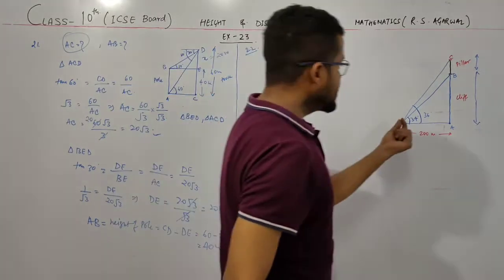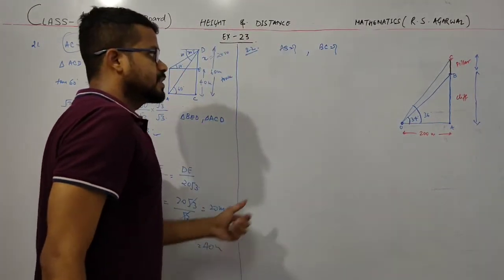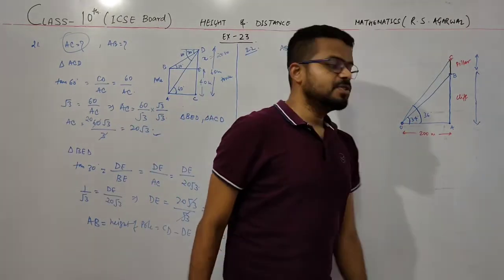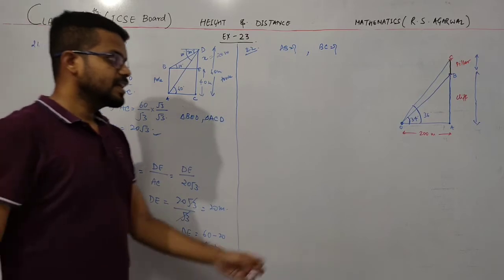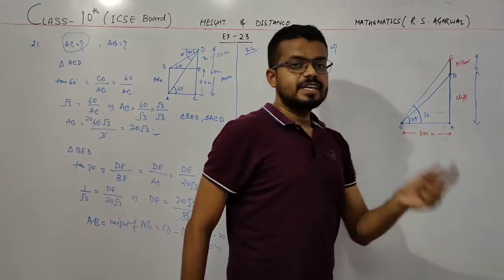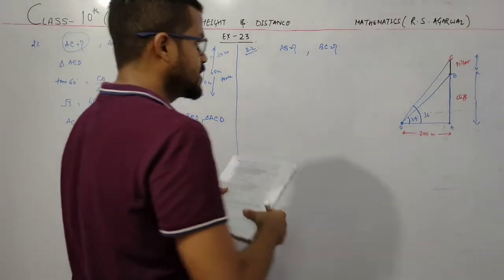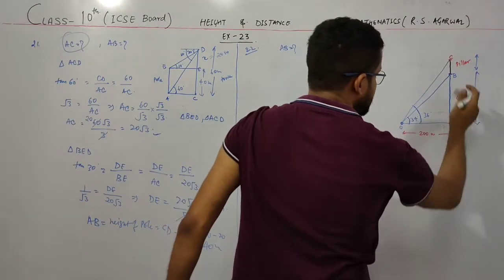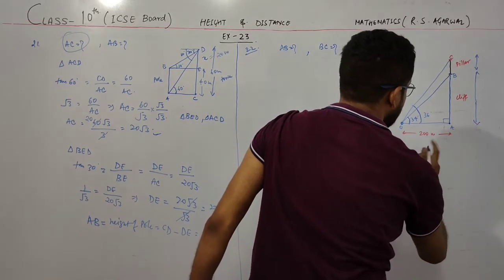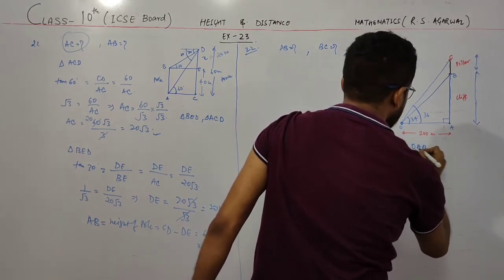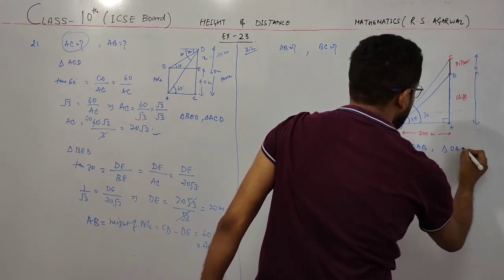Here the angles are 34 degrees and 36 degrees. We don't know the values of tan 34 degrees and tan 36 degrees, so we simply get these values by using the trigonometric table. Here again there are two right angle triangles: one is OAB and the other is OAC.